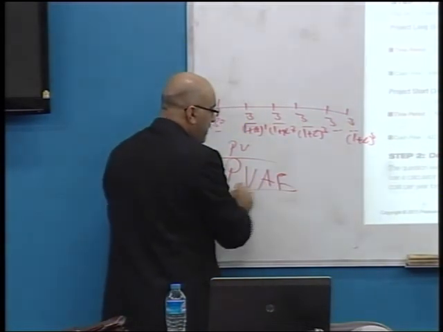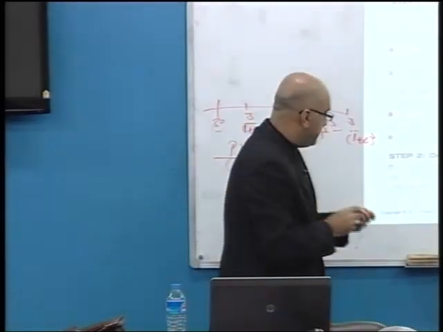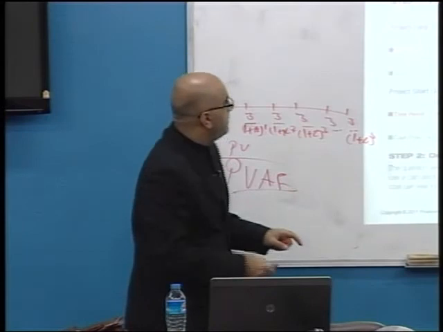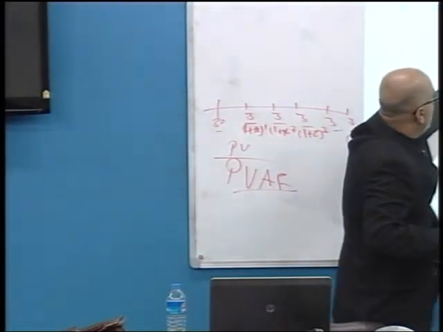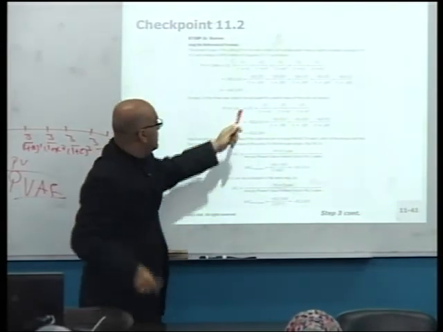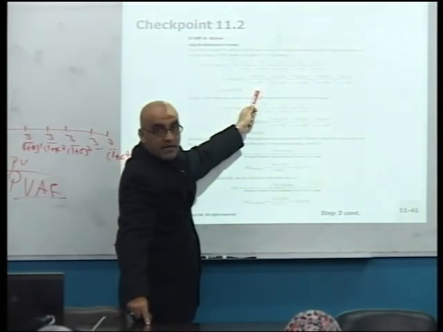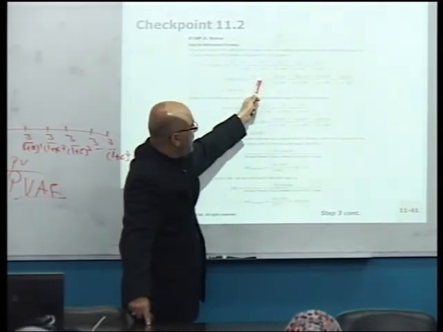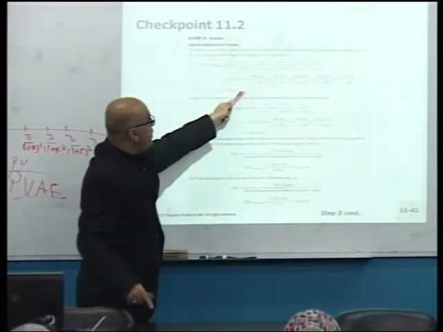So you have these two streamlines. See the answer: 30,000 plus 3,000 divided by 1 plus k raised to the power 1, 2, 3, 4, and 5. So we have 41,000.